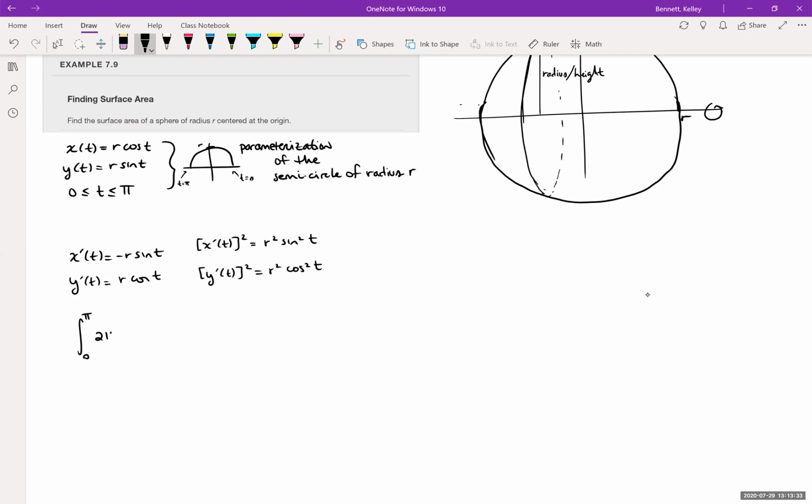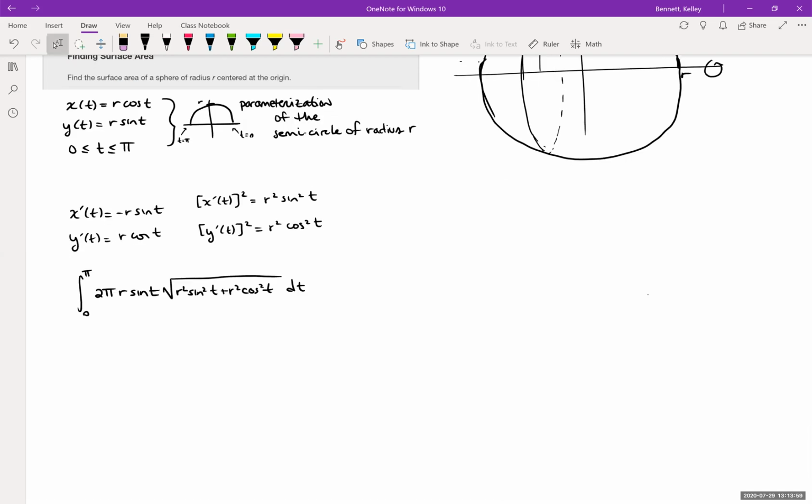So now I'm going to go from my start time to my end time, 0 to pi. Then I have 2 pi y of t, which gives me my circumference. And y of t was r sine t. And then I'm going to multiply that by that little width of arc length, which is the square root of r squared sine squared t plus r squared cosine squared t, and integrate with respect to t.